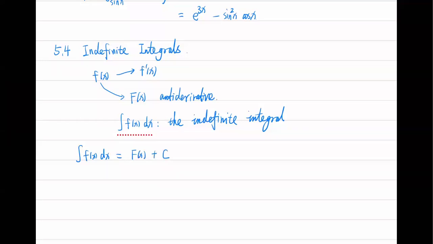The main difference between these two notations is that this one is more closely related to f, maybe more transparent.